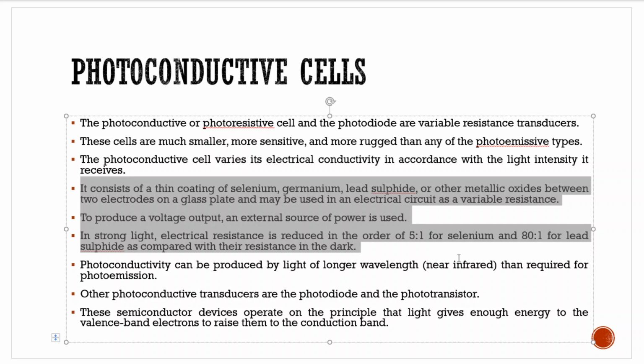These are some properties that you need to note. In short, photoconductive cells produce an equivalent amount of voltage depending upon the light they receive. Its electrical conductivity changes with the light it receives. And it's a passive device, not an active device, so it will require an external source of power.